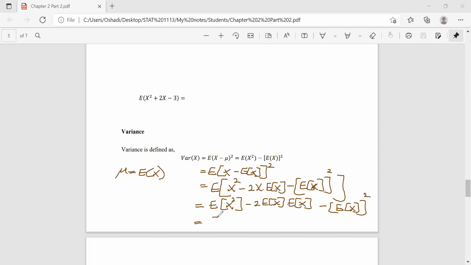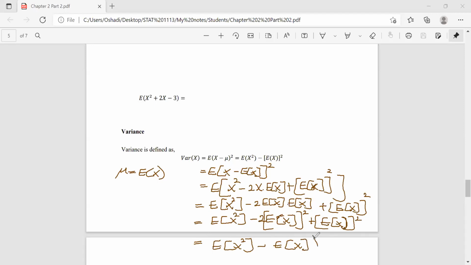So this equals the expected value of x squared minus 2 times the expected value of x, the whole thing squared, plus the expected value of x, the whole thing squared. So it is the expected value of x squared minus the expected value of x, the whole thing squared.